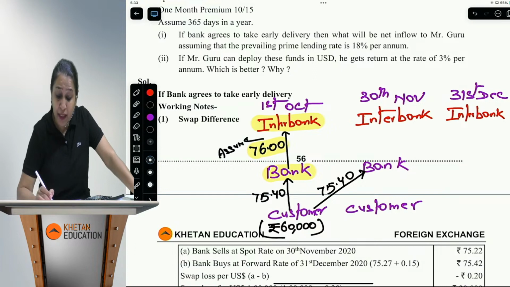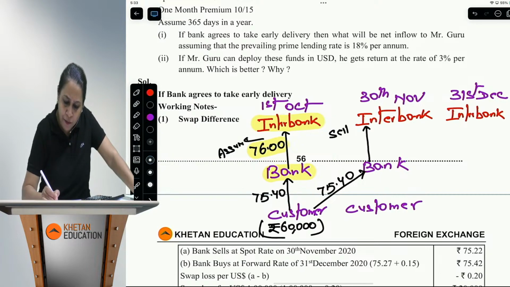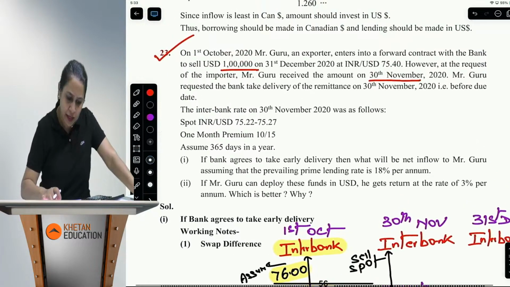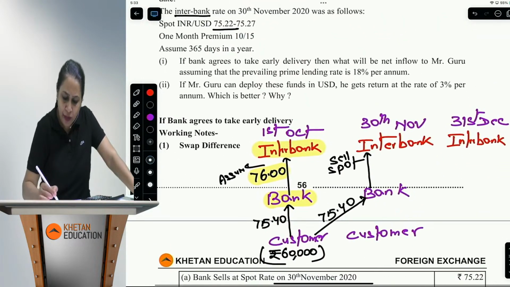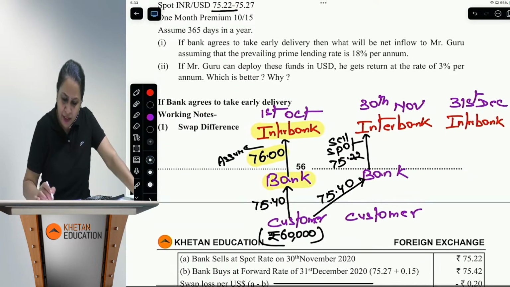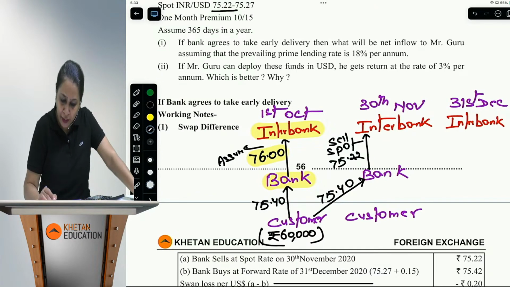Correct? Now, the bank cannot keep this $1 lakh for the whole 1 month. It will go to the spot market and sell spot at what rate? Look at this. This is the interbank market rate, sell spot at 75.22. So basically the bank bought at 75.4 and sold at 75.22.